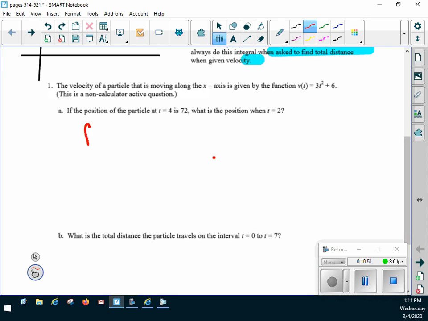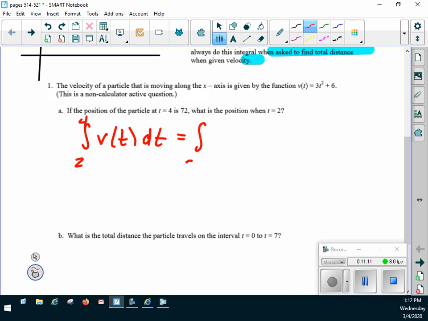So if we integrate v of t, now we're going to integrate that from where to where? Why 2 and 4? I don't know the position at 2, but I do know the position at 4.